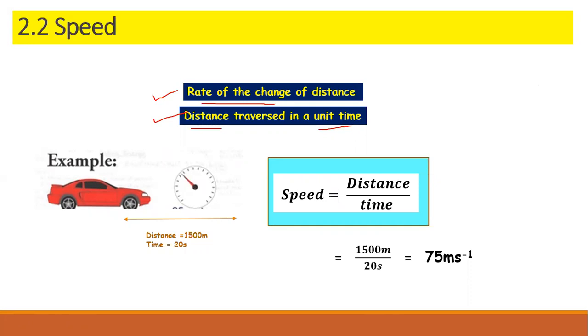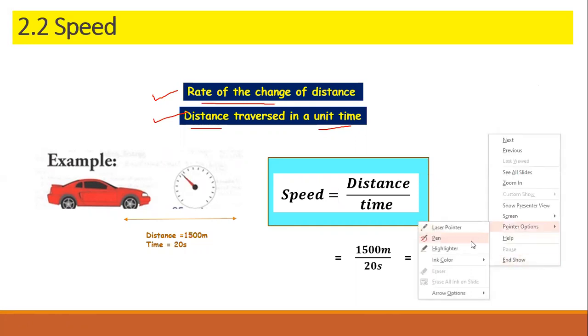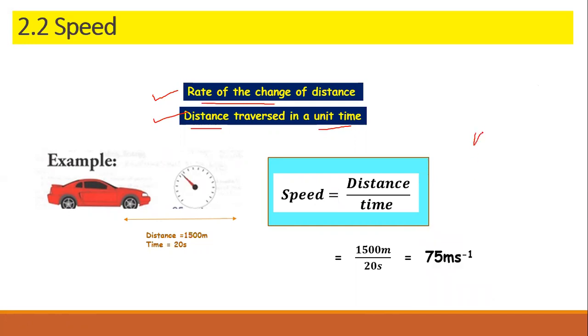Then here you can see the unit for this speed is meters per second. We have to write it like this. To find this, we just divide meters by second. So our unit for speed is meters per second.